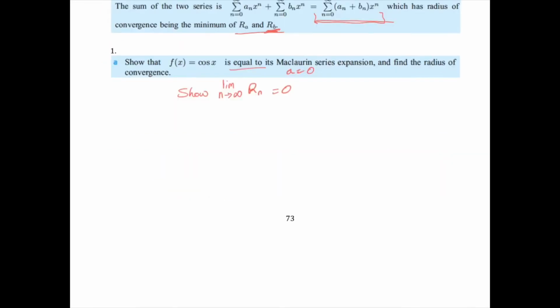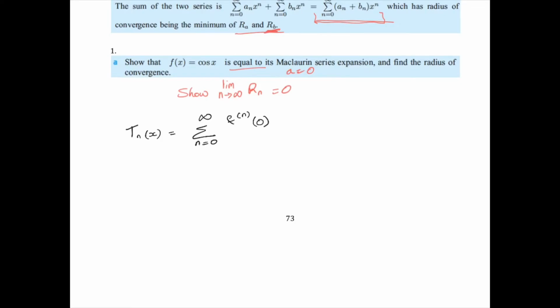Okay. What is this Maclaurin series for cos x? So, the Maclaurin series, or T_n, I should say, is the sum as n equals 0 to infinity of the nth derivative of f at a, what's a?